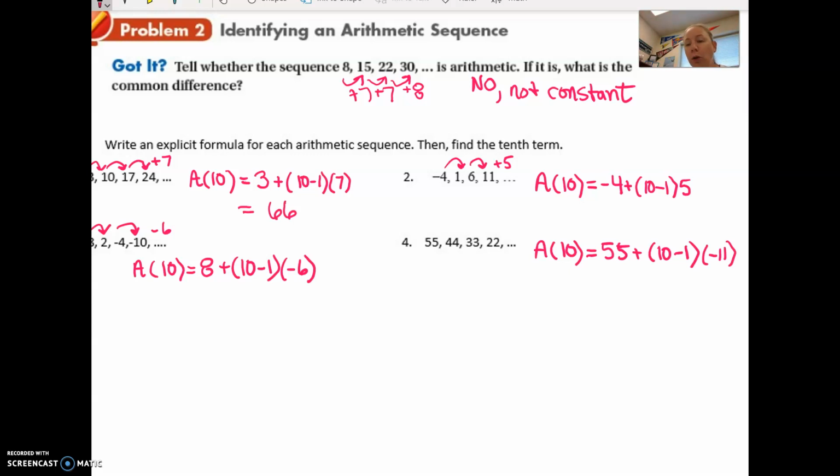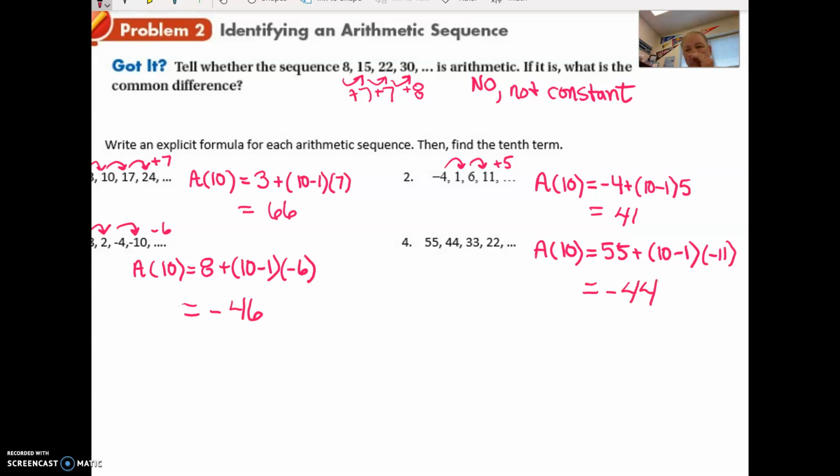Number 2, we should end up with 41. Then number 3, we're going to end up with negative 46. And then number 4, you should end up with negative 44.